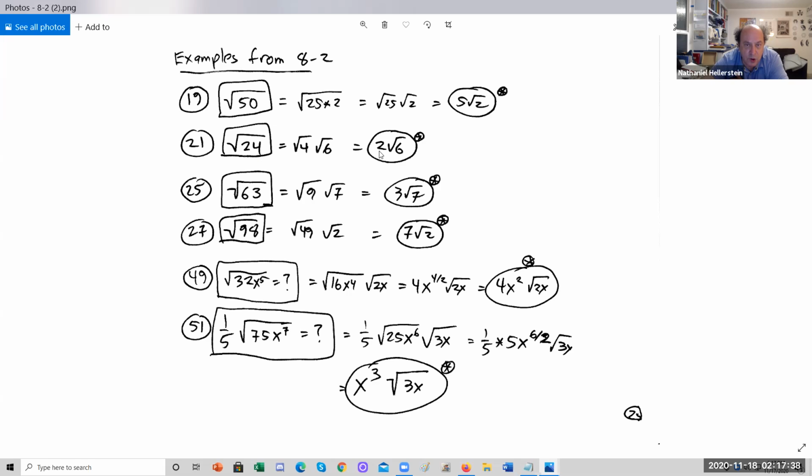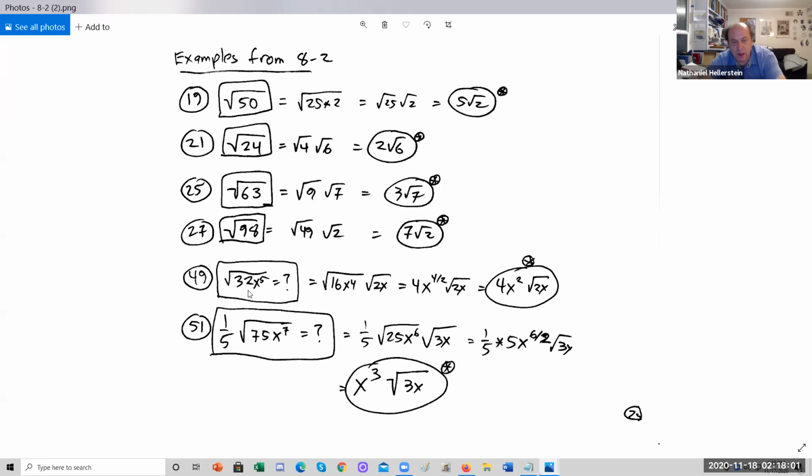Root 4 is 2, so this is 2 root 6. Root 63, the largest square factor of 63 is 9. So root 9 root 7, root 9 is 3, so you get 3 root 7. Square root of 98, the largest square factor of 98 is 49, whose square root is 7. So you get 7 root 2.